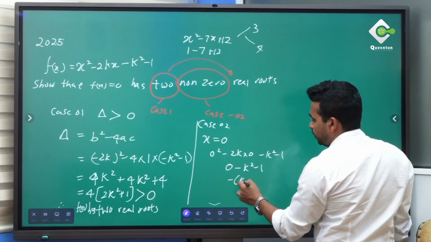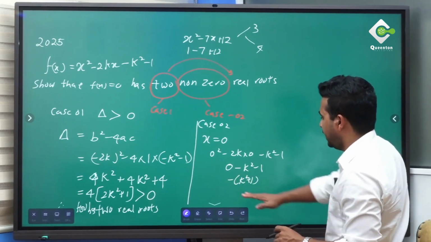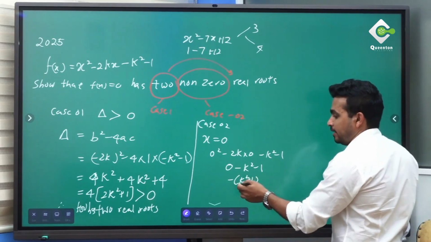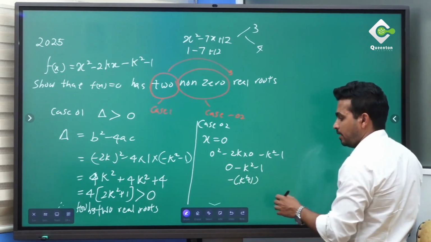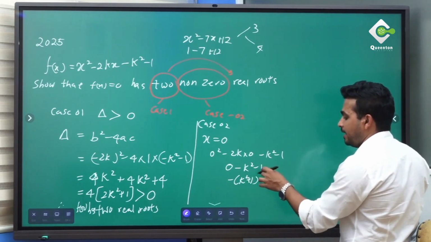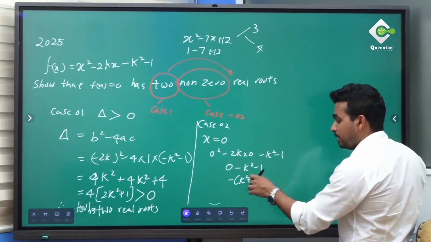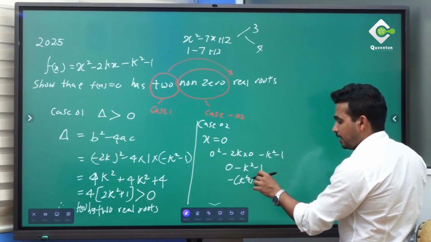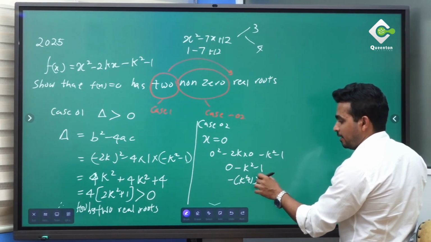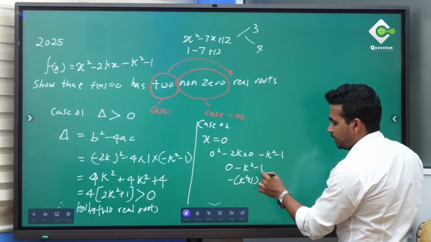The final value would be k squared plus 1, right? As we all know, k squared is a positive value, the minimum value should be 0, and we are adding one more, so it can never be 0, right?